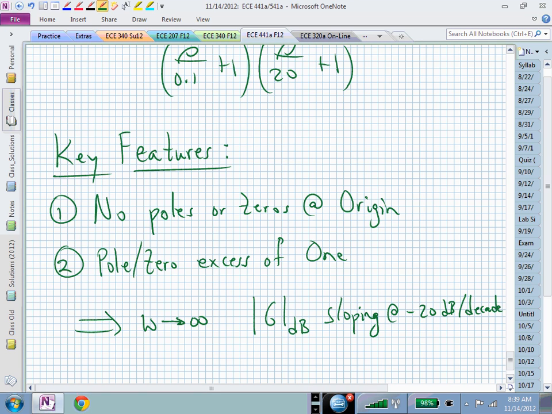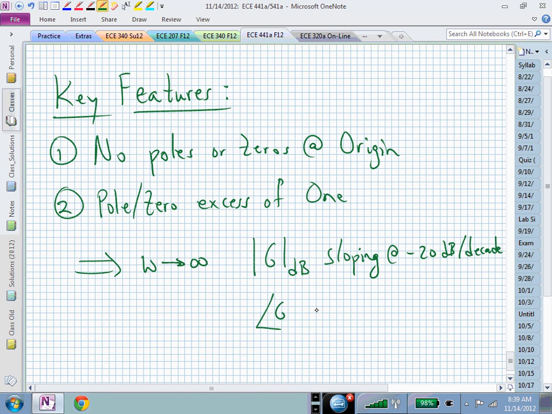So at high frequencies, our magnitude is going to be rolling off, sloping at minus 20 dB per decade, and the phase at high frequencies will be approaching minus 90 degrees.